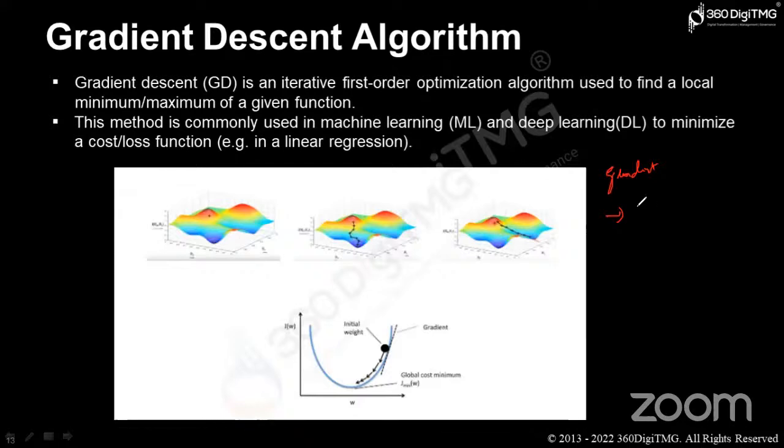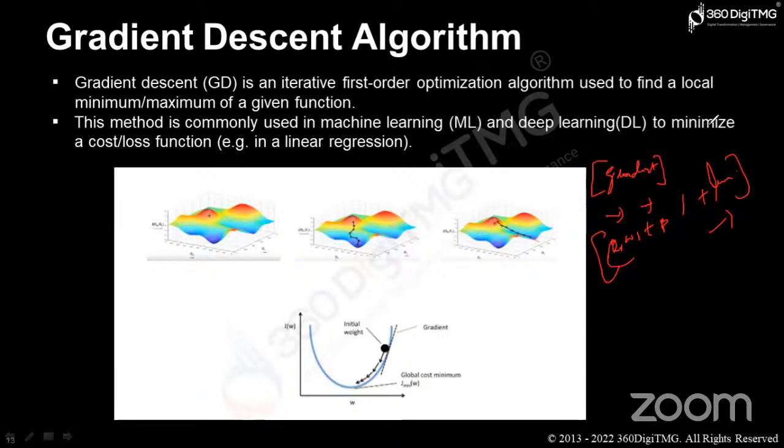We have our input, we add some weights and our bias, and we add some learning rate. The gradient measures what is happening after this.